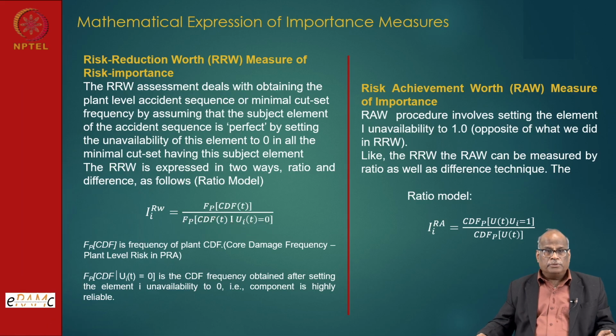Here we are talking about the component whose unavailability is almost approaching 0. So what will we get? Risk reduction worth. Risk will reduce because we have made unavailability almost 0, or 0. So we will get the risk reduction worth of the component. This is the importance measure, and the list will be based on this. It is very intimately connected to the PRA modeling.